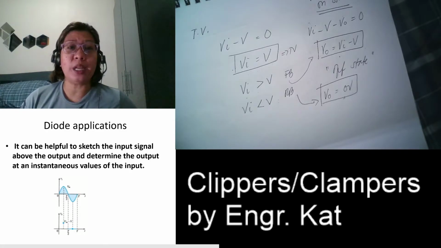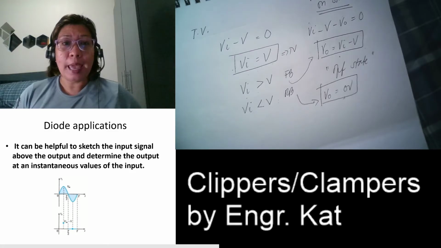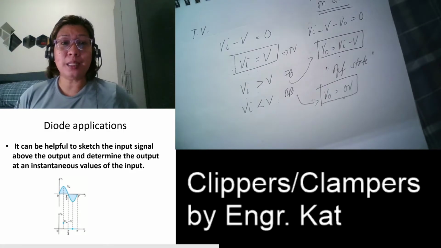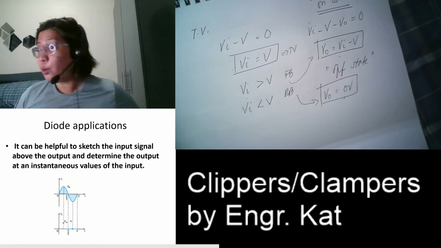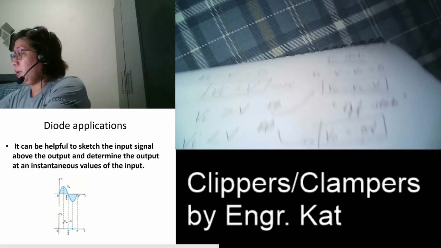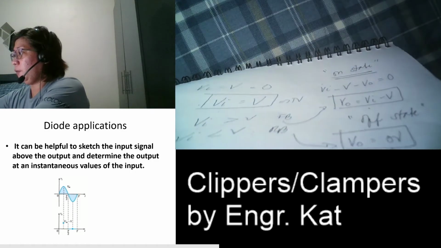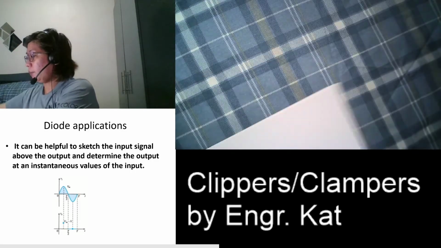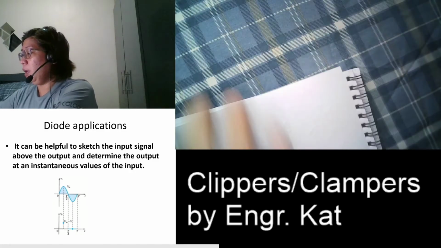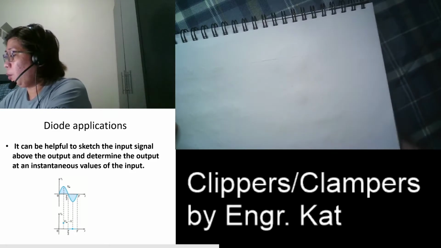It says here it can be helpful to sketch the input signal above the output and determine the output at an instantaneous value of the input. So let us do that, class.